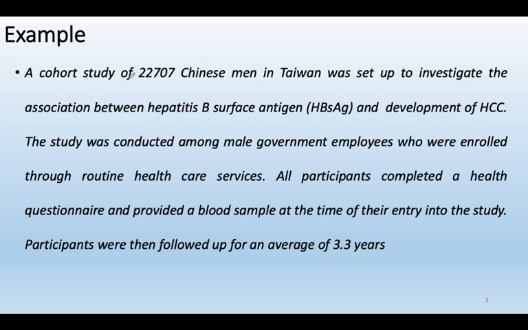Let's say a cohort study of 22,000 Chinese men were studied, and their exposure was how many of these individuals were positive for hepatitis B surface antigen. So this is the element of interest we need to know right at the beginning of a study. All right, and we want to know how many of them develop an outcome of hepatocellular carcinoma.